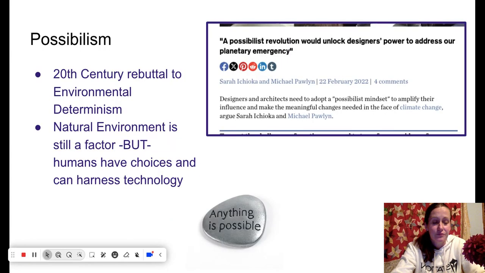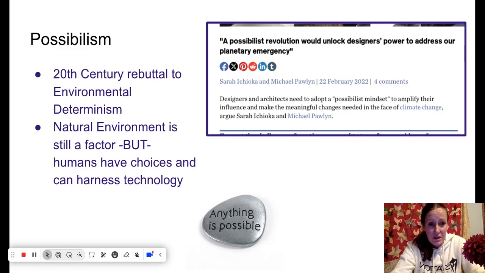Is the real question. So if you look at the opposite of environmental determinism, you have environmental possibilism, where you think anything and everything is possible. So this is the more recent rebuttal to environmental determinism. Like that one seems sort of racist, sort of wrong. What could be a different theory to look at?